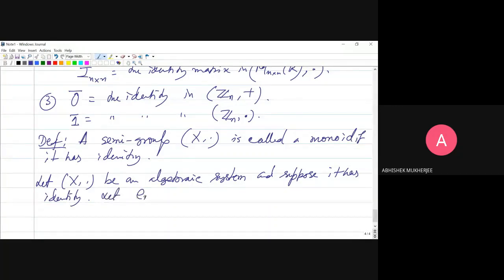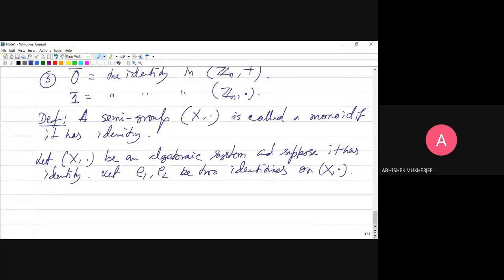Let E1, E2 be two identities of the algebraic system (X, dot). Then what will happen? Then E1 dot A equals A dot E1 equals A equals E2 dot A equals A dot E2, right? And this is true for all A belongs to X.